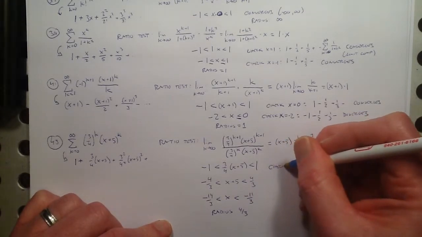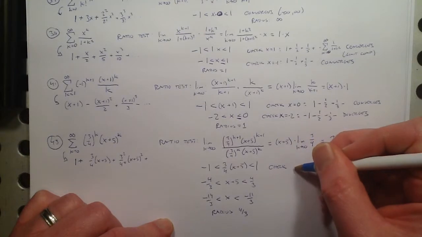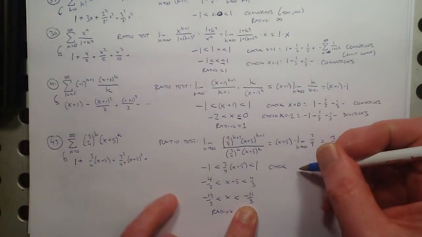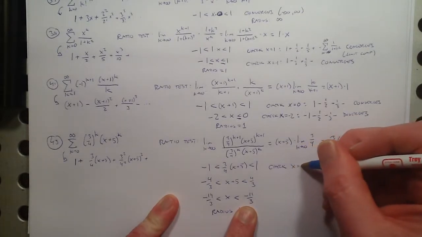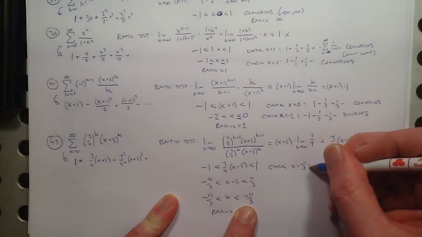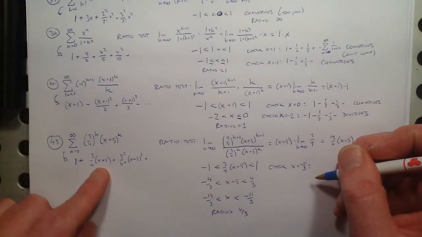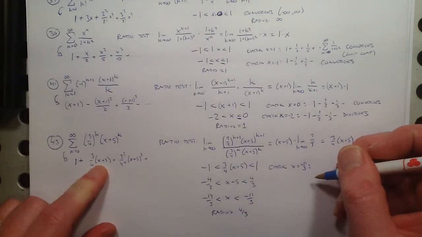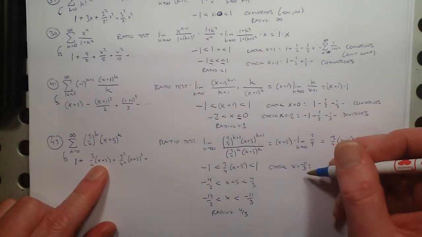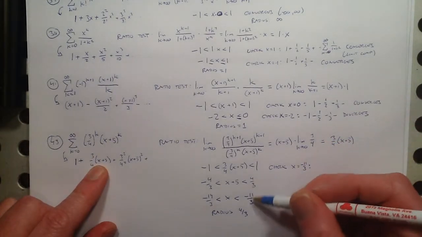We'll check our endpoints. The endpoints are negative 11/3. So let's see, what do we get when I plug in negative 11/3 and I add 5 to that? Well, that's like going back here one step.